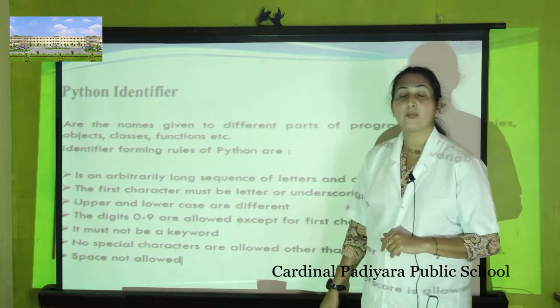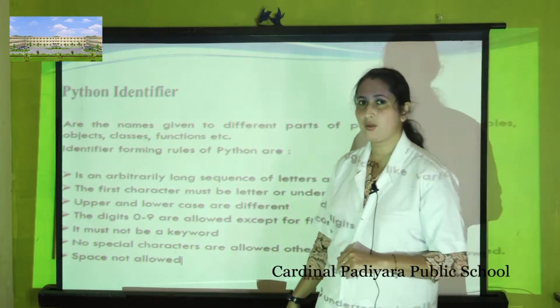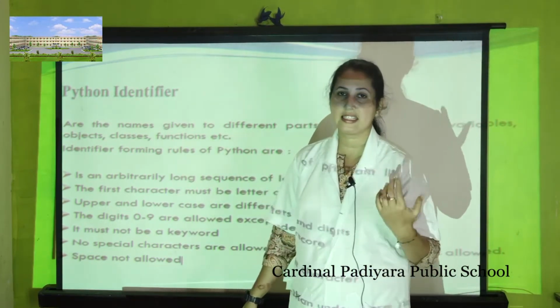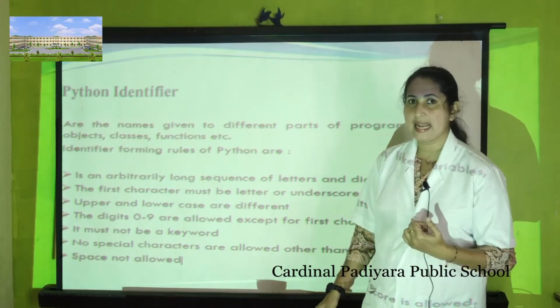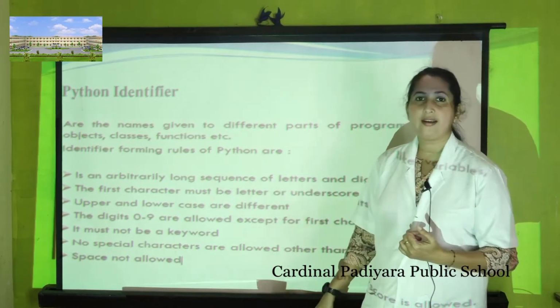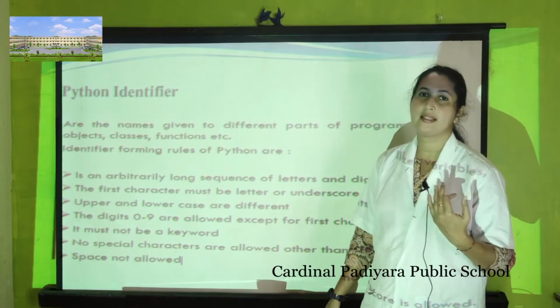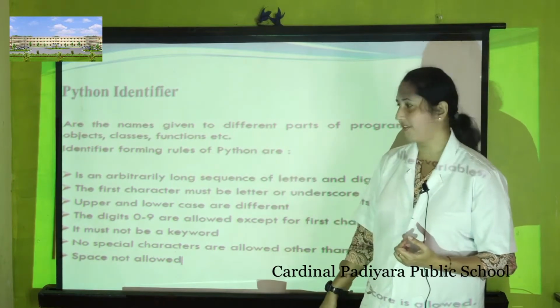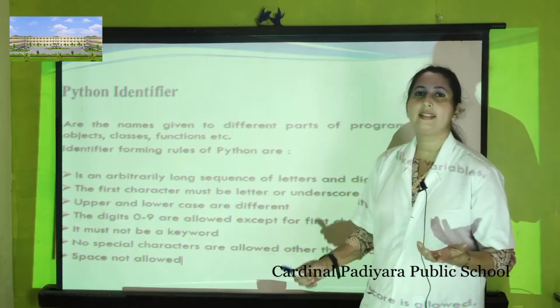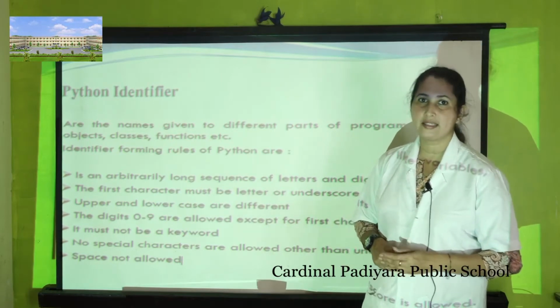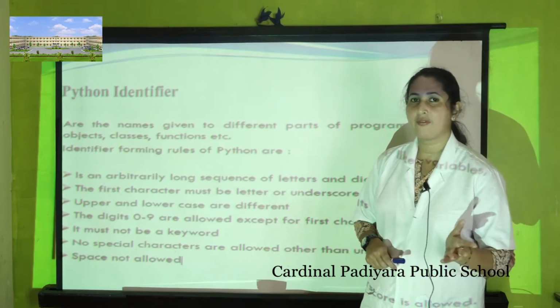Next one is, Python is a case sensitive language, so uppercase and lowercase letters are treated differently. So this is another rule of identifier. And fourth one, digits: we can use the digits also after the first character.